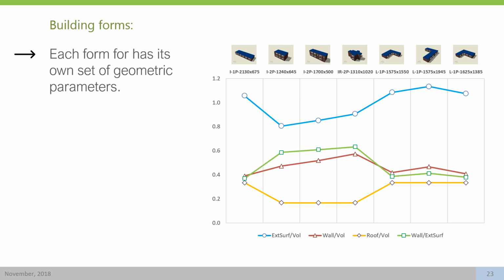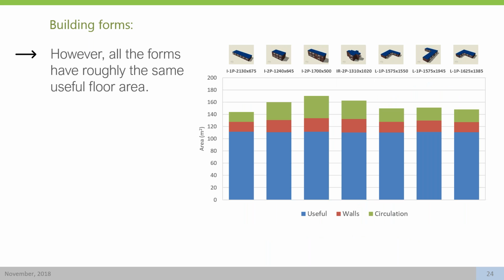For example, the first parameter, the external surface divided by the volume, is also known as the form factor and is related to the building compactness. However, all the models were calibrated to have practically the same useful floor area, varying only the wall and circulation areas. This criterion is essential to compare fairly the performance of different building forms.